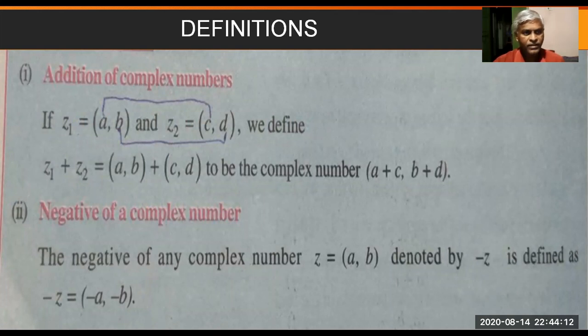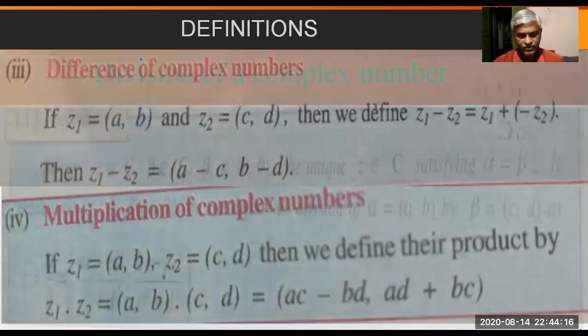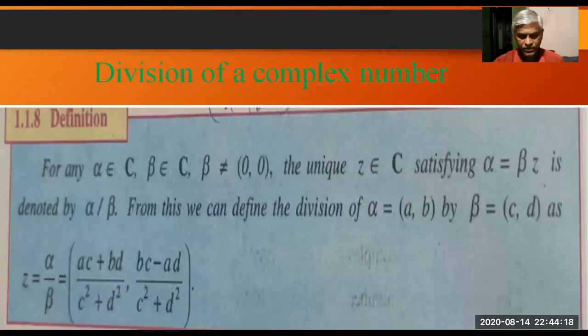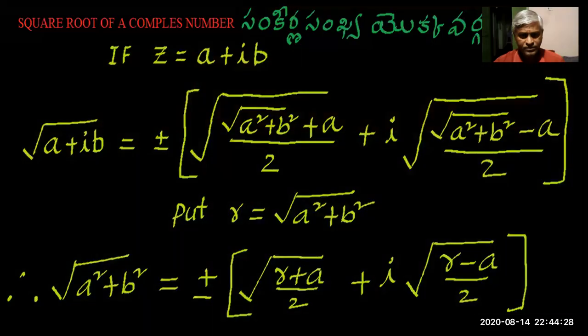Addition, subtraction, multiplication, division, the basic operations on complex numbers and problems based on them, and the conjugate of a complex number. So far we completed all these concepts and problems based on that.